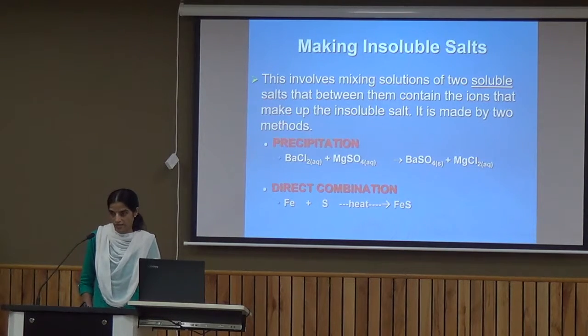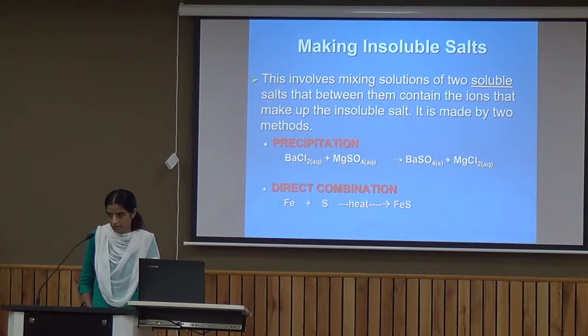Now, the next reaction category is the important one of precipitation reactions. These are the salts formed which are insoluble salts, meaning they appear in the solution in the form of precipitates, that is insoluble solids. This involves mixing solutions of two soluble salts that between them contain the ions that make up the insoluble salt.